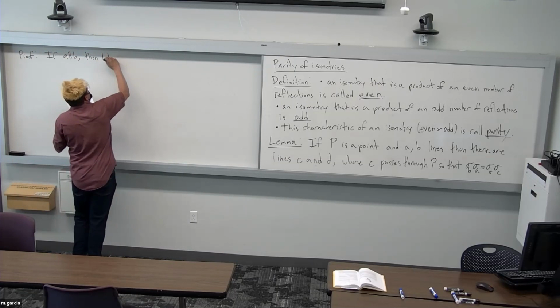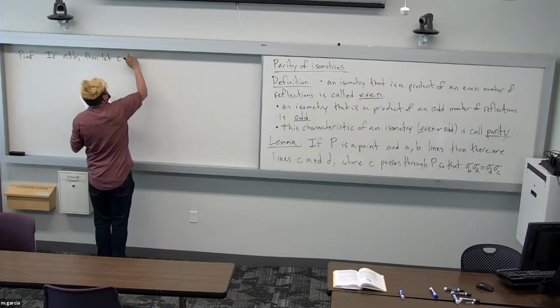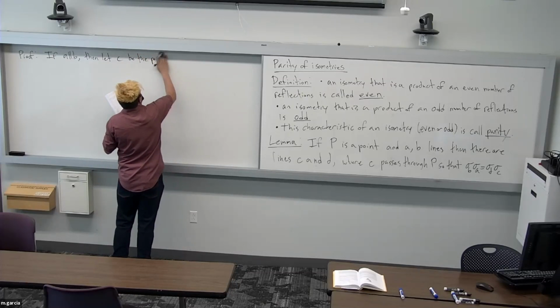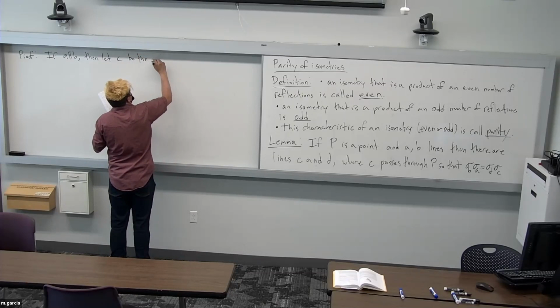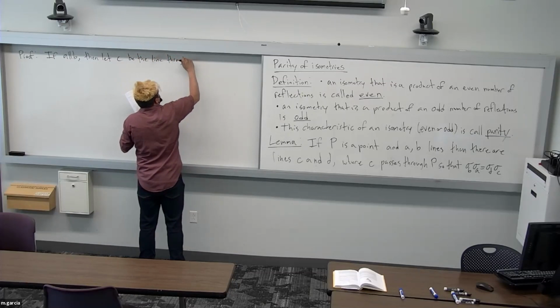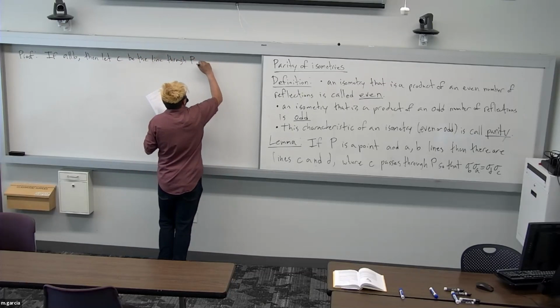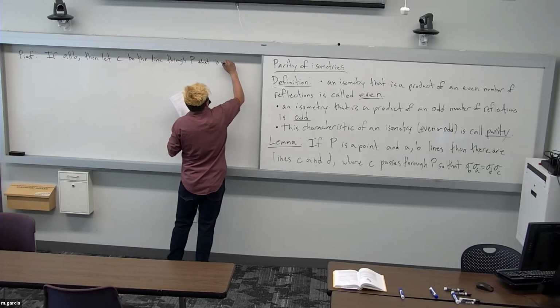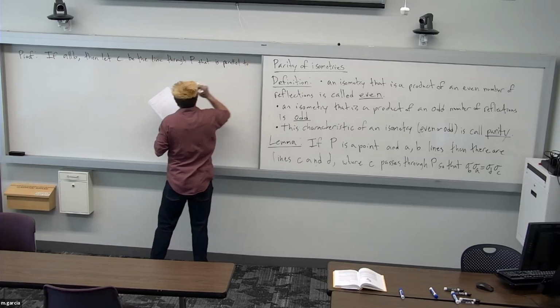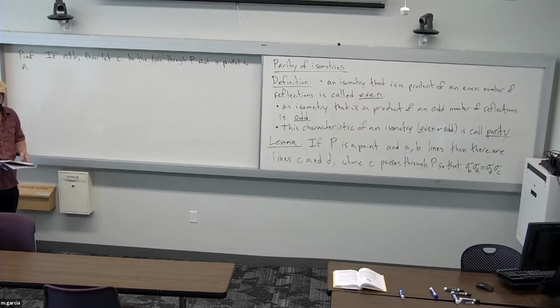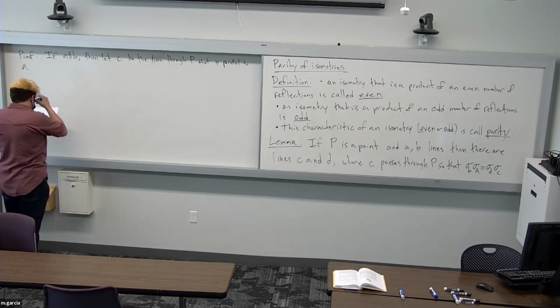Then let C be the point, I'm sorry, the line, through P that is parallel to A, which of course means it's also parallel to B. Okay?